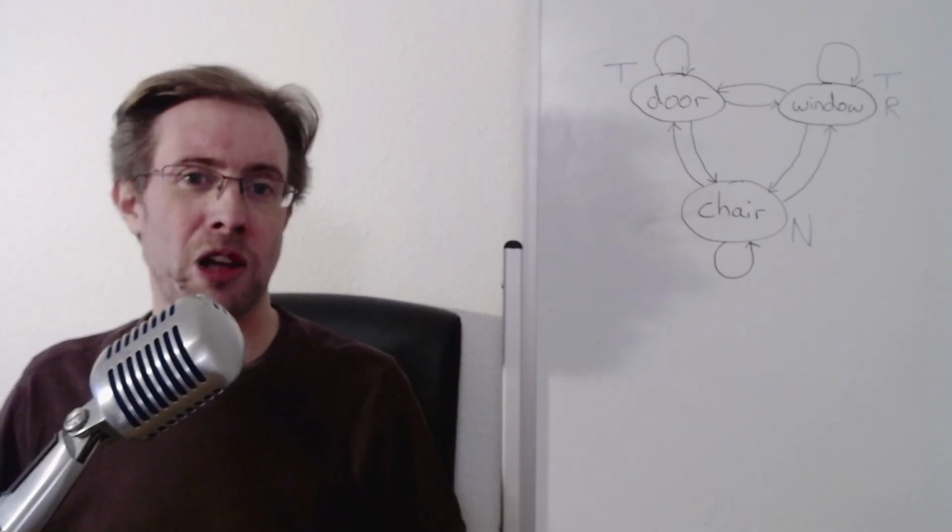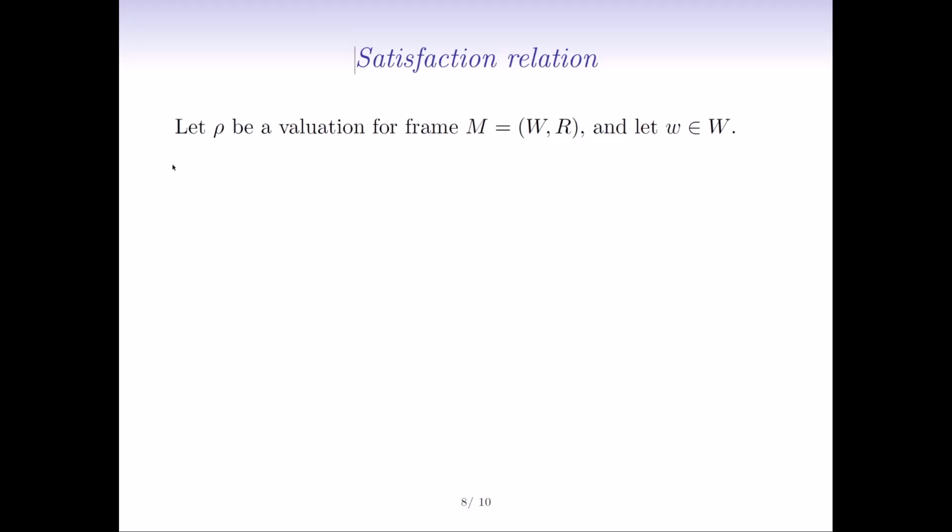So let's go back to the slides. Now, as we've done before for propositional logic and first order logic, let's give a satisfaction relation for modal logic. I'm going to assume that we've already picked some frame M, which is worlds W and accessibility relation R. And I'm going to assume as well that we've picked a valuation rho to let us know which propositions are true at which worlds.